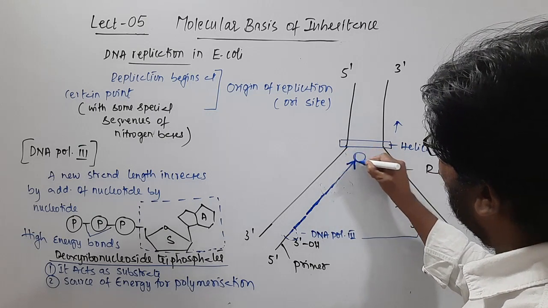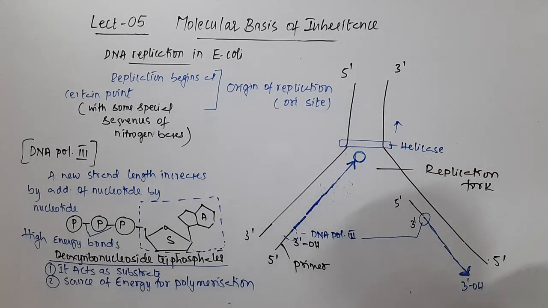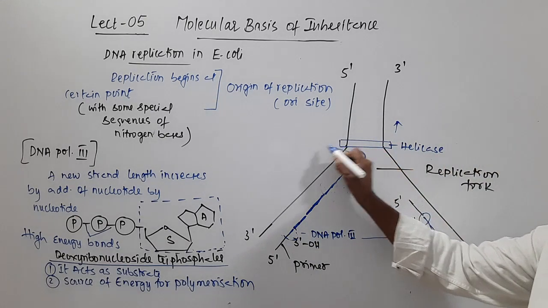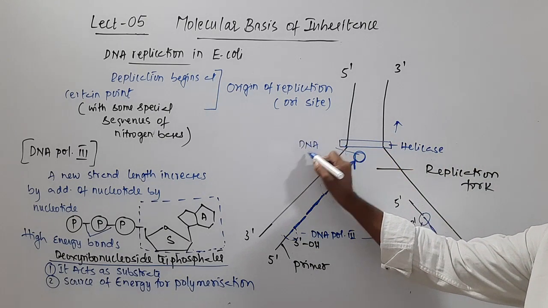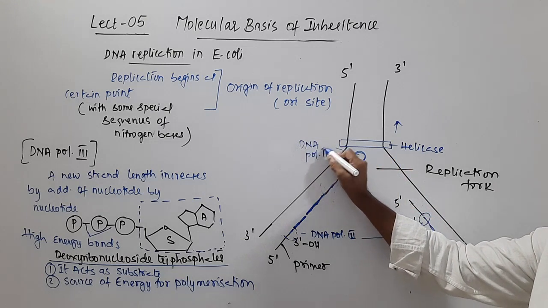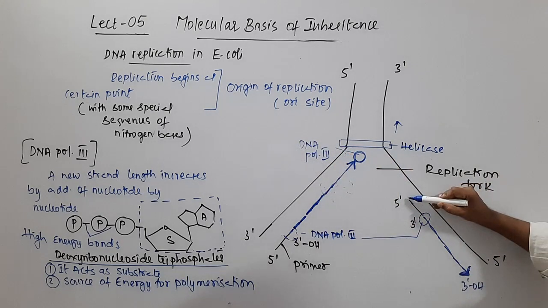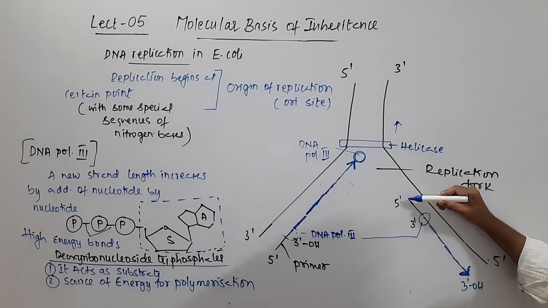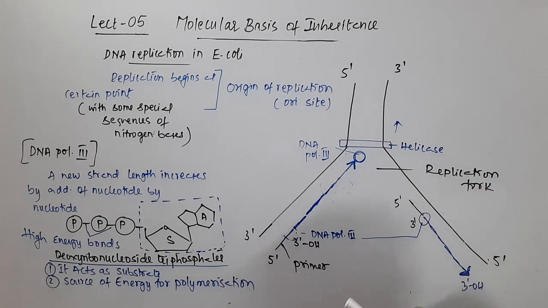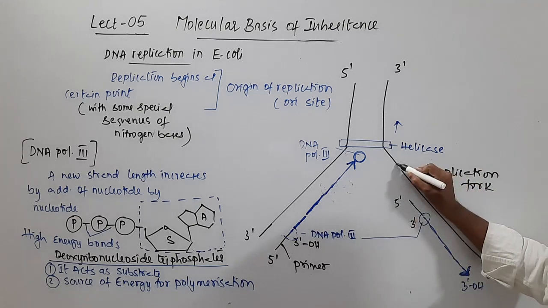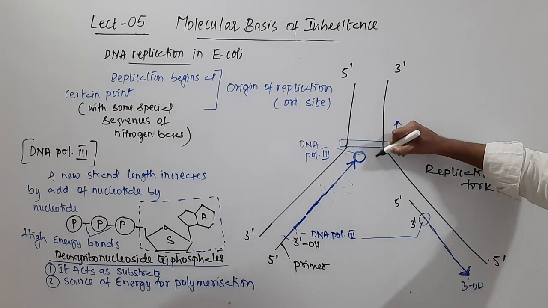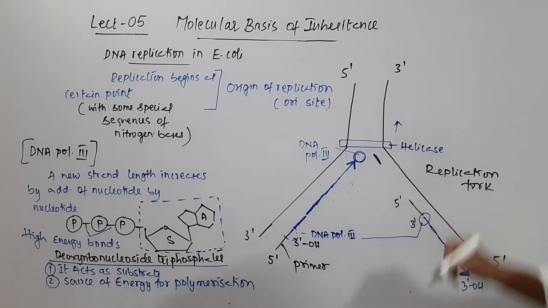And let's mention here DNA pol 3 enzyme. Now I told you this side is of no use. Hence, what needs to be here? Again, one more primer needs to form.